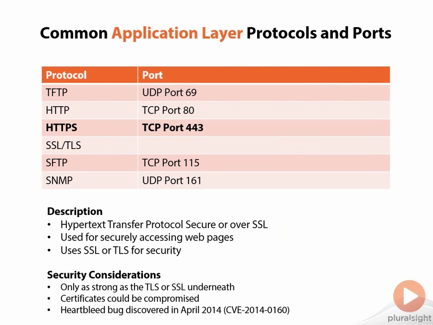So whenever possible, we want to use SSL or TLS for security. Now, some security considerations when dealing with HTTPS is it's only as strong as the TLS or SSL underneath. Okay, so we have to make sure that we understand that just because it says HTTPS doesn't mean it's completely uncrackable. Okay, those things have in fact been cracked. We thought for quite a while that it wasn't crackable, but we've had instances in the past where certificates have been compromised.